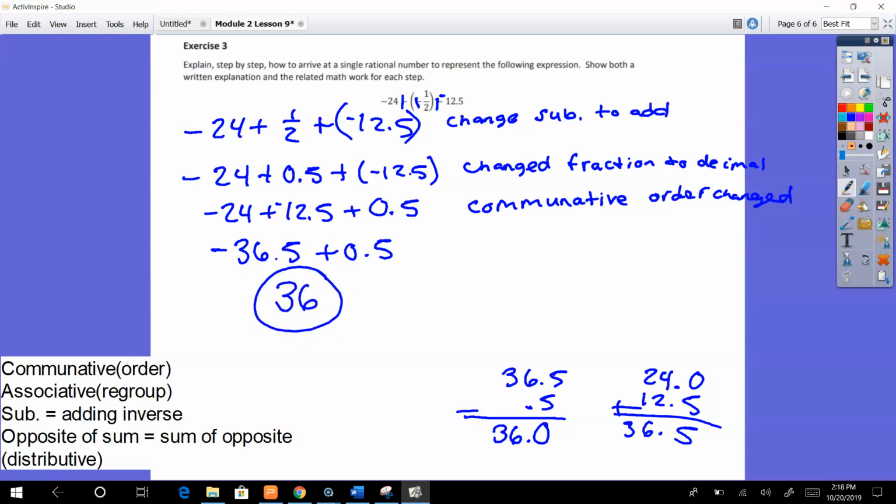Okay, so how are the properties of operations helpful? It's helpful to be able to rearrange it. Sometimes you want to put your fractions that are similar next to each other. Sometimes you want to change your fractions to decimals. And so it makes it easier to not always have to have a calculator.